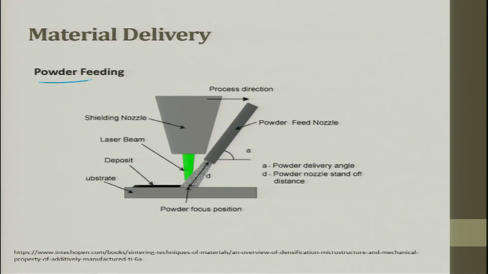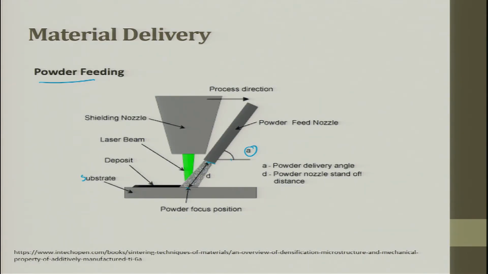So, powder feeding. If you see that, this is the shielded nozzle, this is the laser beam, and you are feeding the powder from here. So powder melts and it gets deposited. This is the substrate, and the powder feeding position, you can see, is at an angle A. A is the powder delivery angle, and D is the powder nozzle standoff distance.